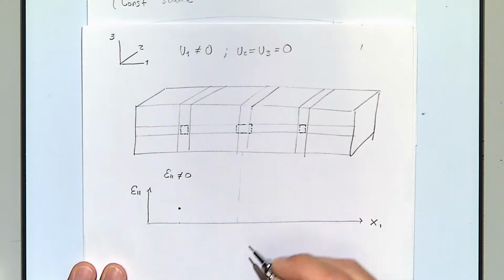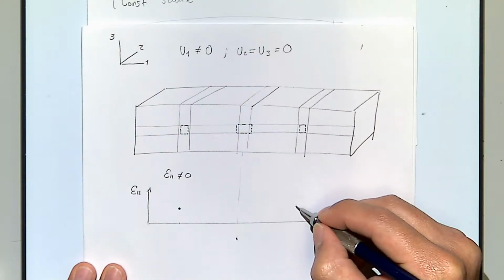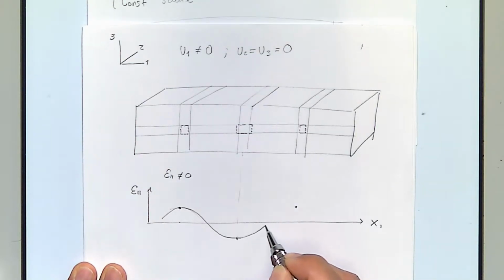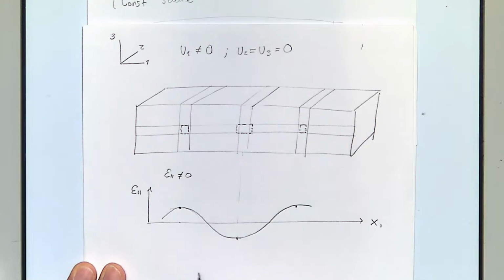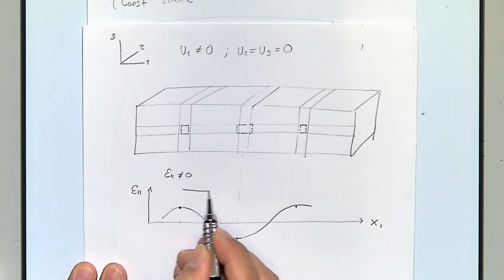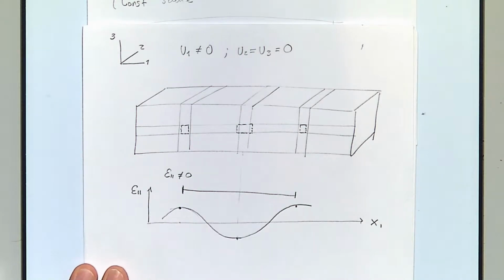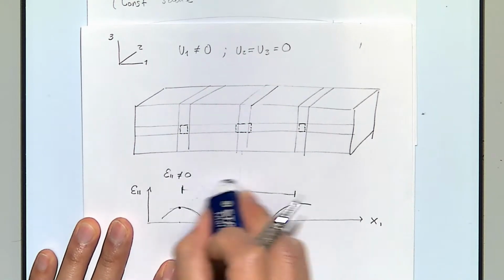Let's say expansion is negative, that value over here, contraction is positive, something like this, right? And if I join the points smoothly, this is going to be a harmonic function, and the distance between these two peaks is going to have some specific meaning.